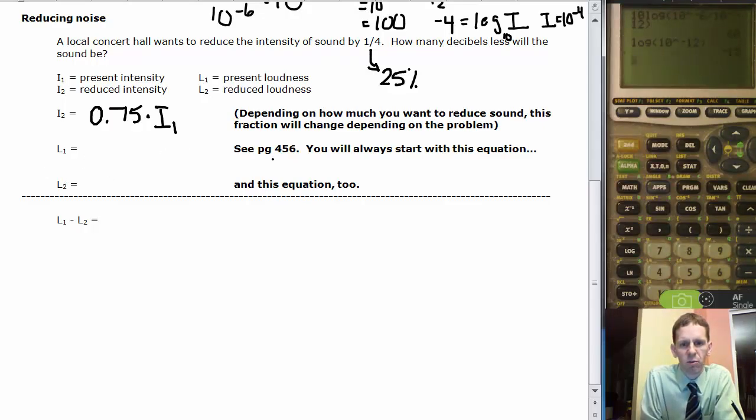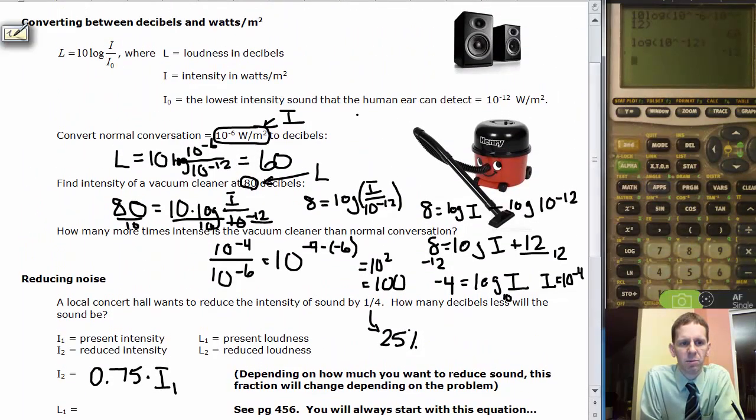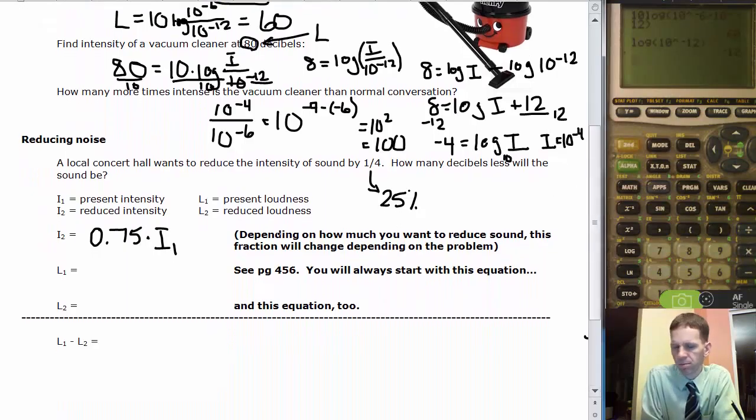Now we have our loudness formula from the top of this page. Loudness is equal to 10 times log I over I sub 0. Now in our problem, it's going to be 10 times log of I sub 1 over, it's always I sub 0.